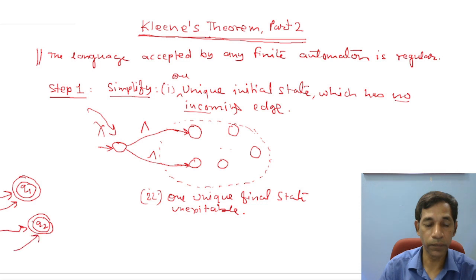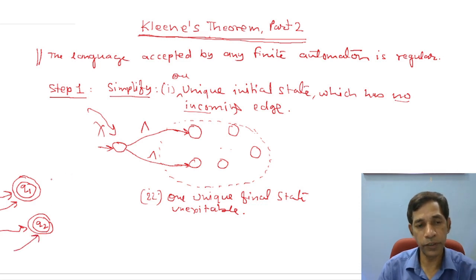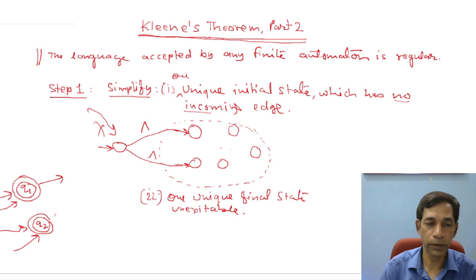You may also have the situation that an edge exits from a final state to some other state, like q3.